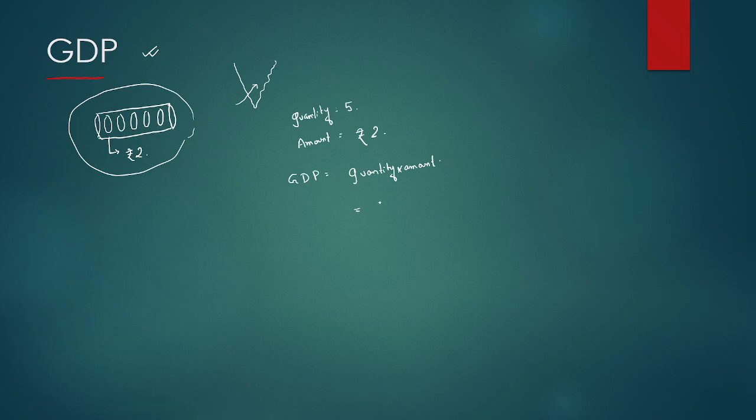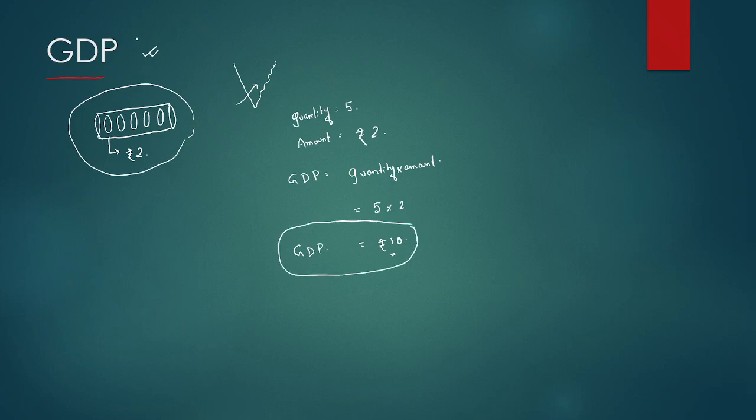So quantity is 5 and amount is 2. So what is the GDP? ₹10. So this is what the GDP is.